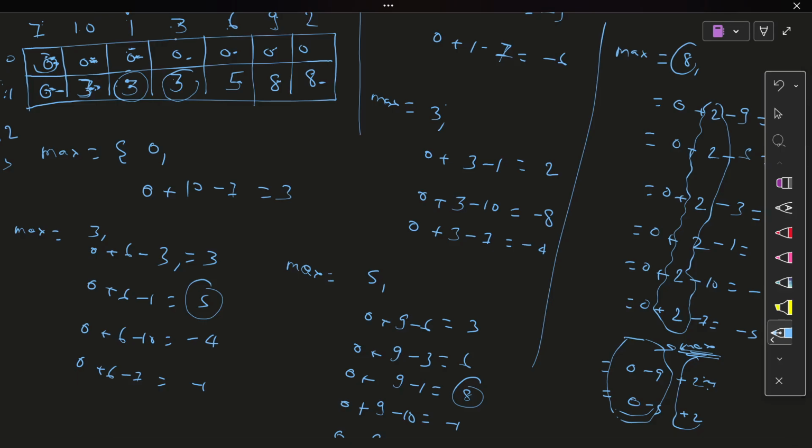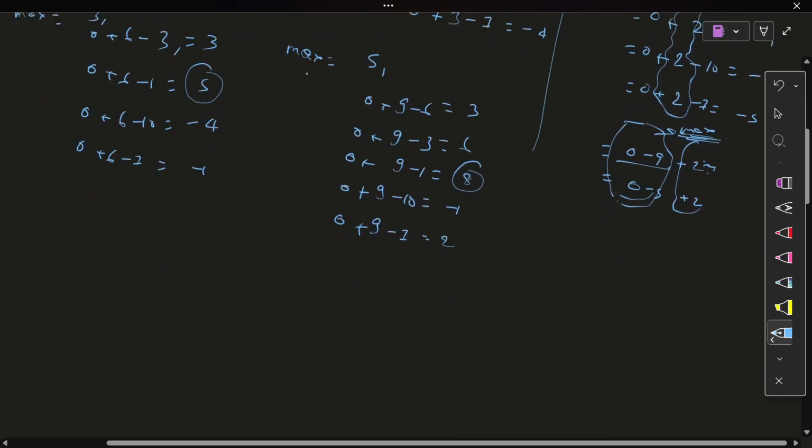And the maximum value plus this one, because this is from 0 plus 2 minus 9. The selling price is 2, 2 is common, minus 9, that's why 0 minus 9 we can write. So we can find first the maximum plus 2. So in this way we can find it.